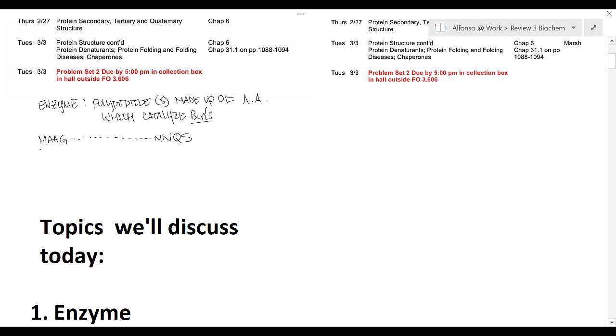So let's say this is the sequence of our enzyme. So this is enzyme A. So an enzyme is a polypeptide, so that's what we have here, made up of amino acids, which is what each of these single letter abbreviations represent. And what enzymes do is they catalyze reactions.